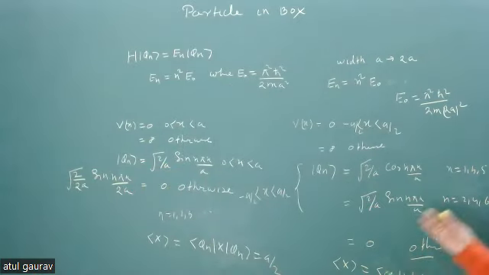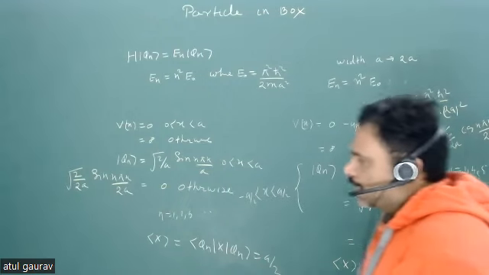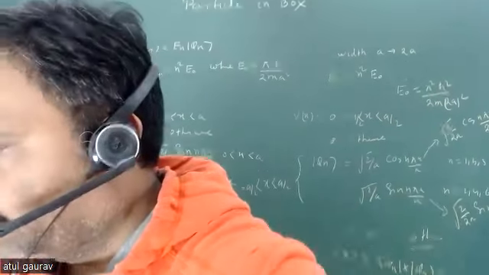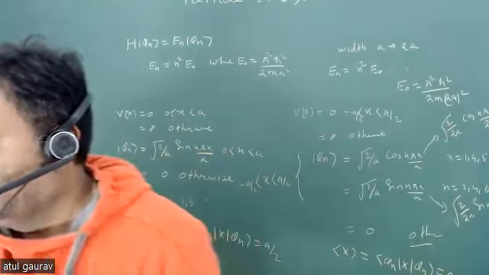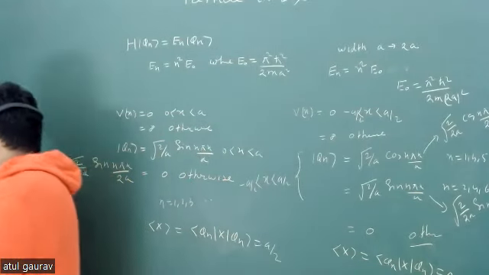You have the cos function and the sine function: root 2 upon 2a and cos n pi x upon 2a, and 2 upon 2a and sine n pi x upon 2a. So these are the steps you have to always follow, and take care of all this calculation.